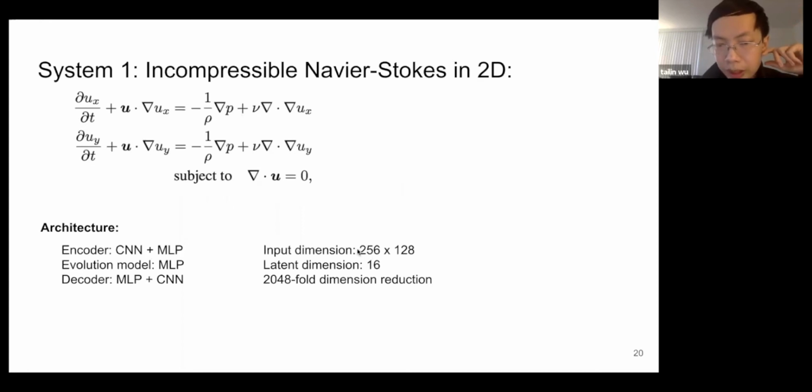The original dimension is 256 times 128. Then the evolution model is a 3-layer feed-forward network where each layer maps 16 dimensions to 16 dimensions. And then the decoder is symmetric with respect to the encoder, decoding back into the original space.